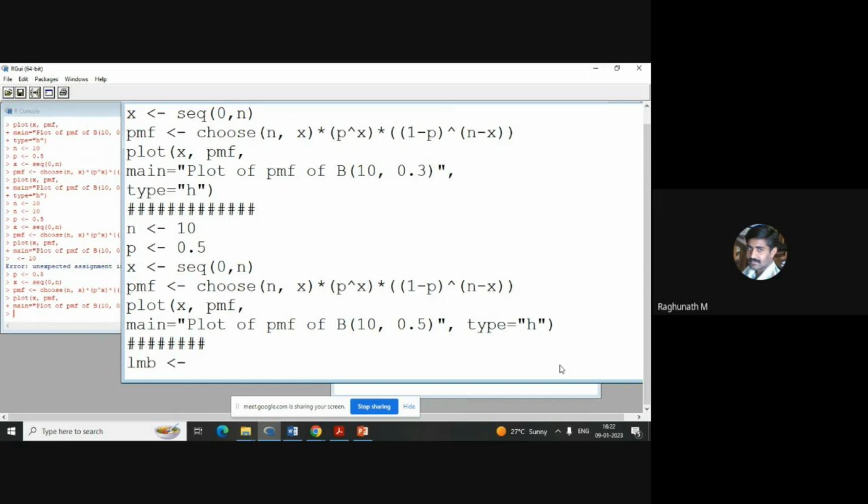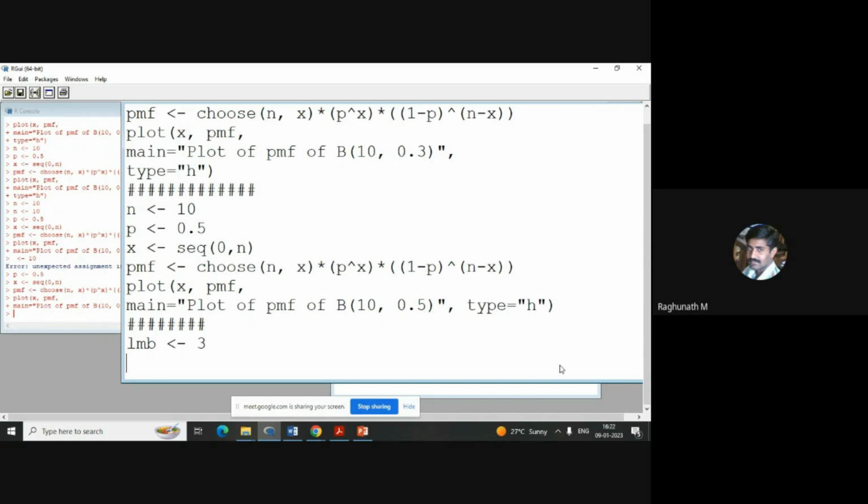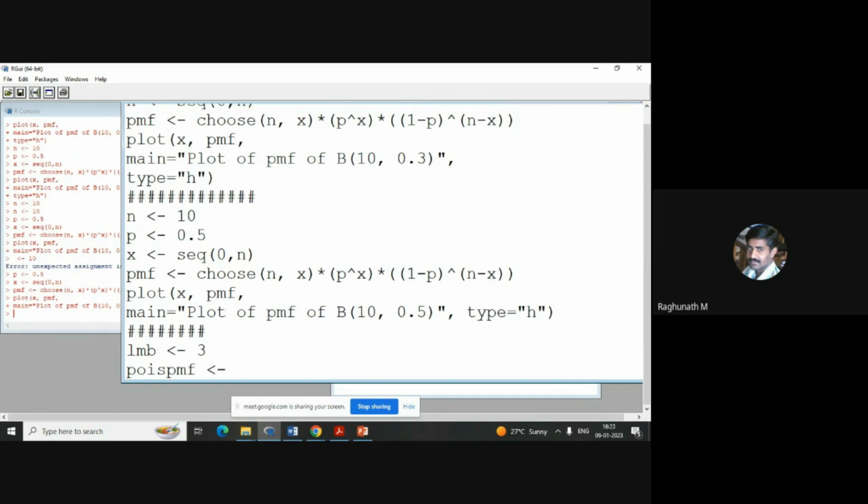So to finish it off quickly, this is discrete. Let us take lambda equal to something like 3. Lambda is greater than 0, so I can take any value. Whatever you like, you can assign that value and see the plot. Then I can use some name. Since it's a Poisson distribution, I will use this name for my reference. You can give your own name for this.